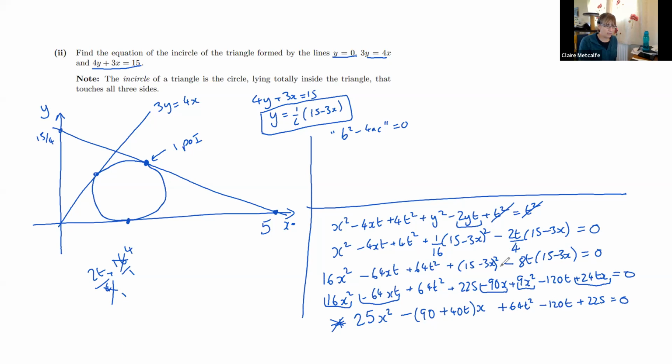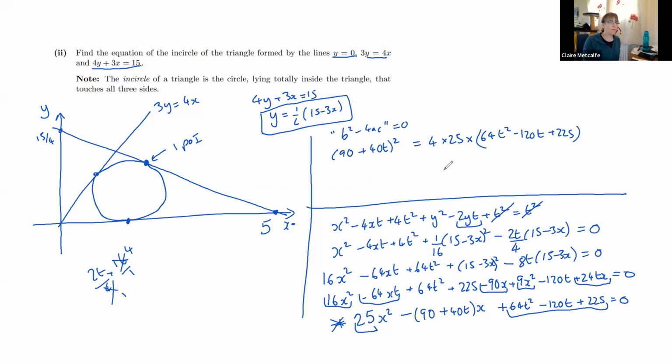So let's look at this thing. b squared is this thing here, so (90 plus 40t) all squared is equal to 4 times 25x squared times c, which is this thing over here, 64t squared minus 120t plus 225. That's using b squared minus 4ac equals 0.